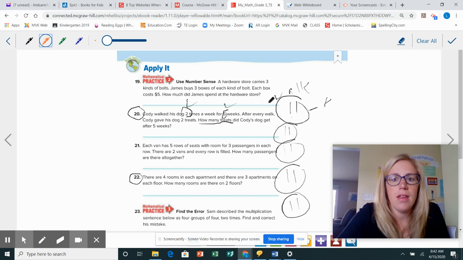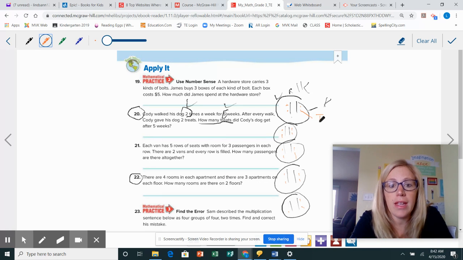So let's say, for every walk, he got 2 treats. So that's for 1 walk, he gets 2 treats. The next walk, he gets 2 treats. And I'm going to show that for each one. Okay, and then I'm going to make sure I label, that's a T for treats.